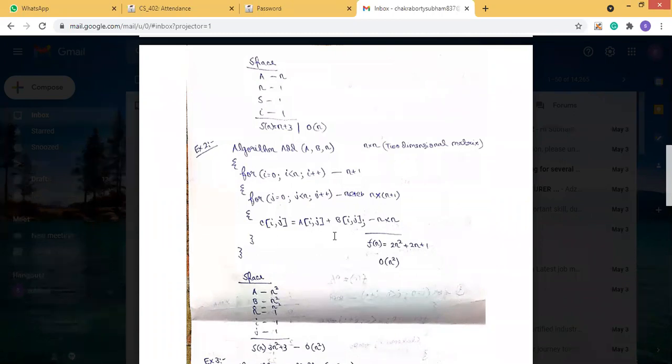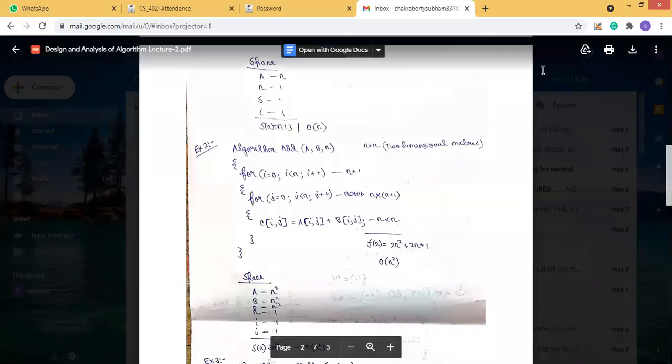Now, I have told that for the execution of a loop, n plus 1 times is required. That I have shown in the previous example. So first, this loop will be executed n plus 1 times. And the statement present inside a loop, how many times will it be executed? n number of times.